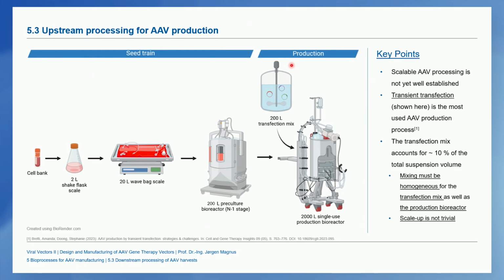And also you have to remember that cells have to be handled very carefully, so you can't stir at very high stirring rates, for instance. So one of the critical process parameters of this whole process is actually the preparation of the transfection cocktail here in a separate tank, which at production scale is a rather large tank at 200 liters.